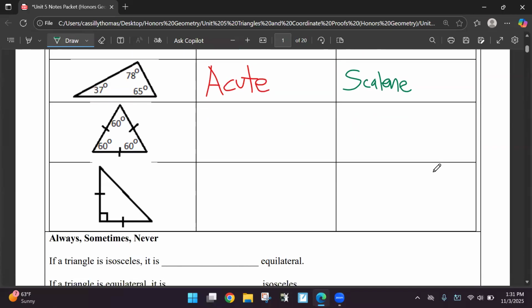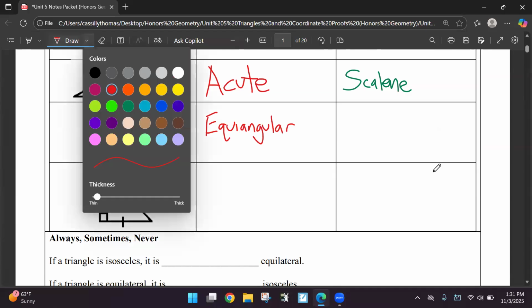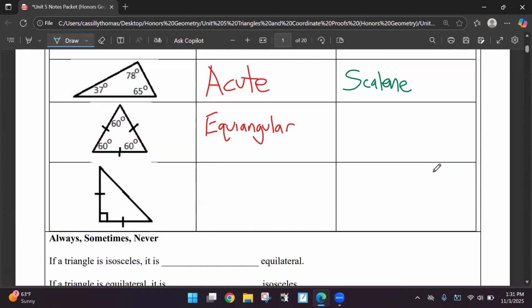The next one: if we look at the angles, this is equiangular, and all three sides are congruent. So this is an equilateral.